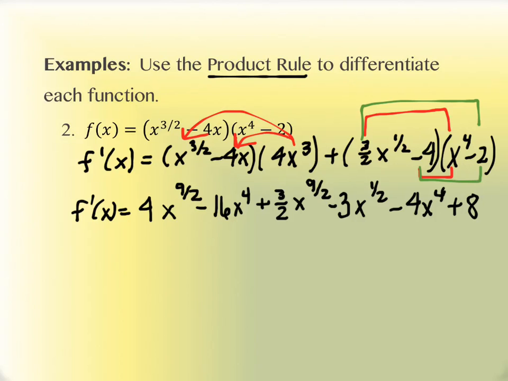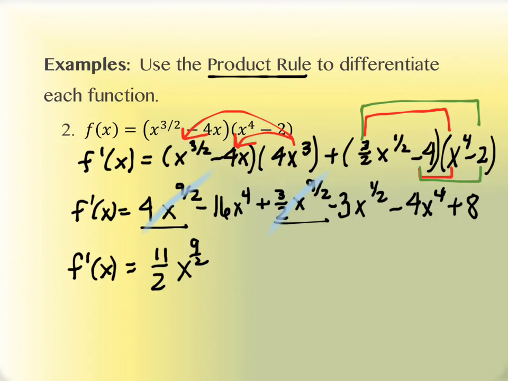Some of these terms have common values that we can combine, right? So let's start with the first one. 4x to the 9 halves can combine with 3 halves x to the 9 halves. So what is 4 plus 3 halves? That is 11 halves. Very good. 11 halves x to the 9 halves, right? So we've taken care of these two pieces now.